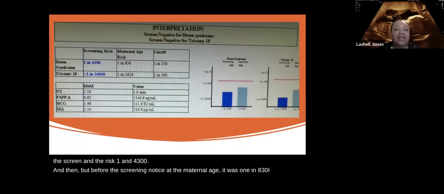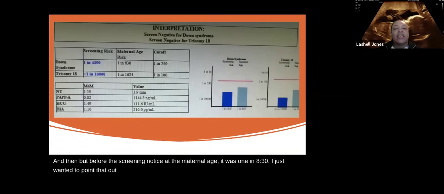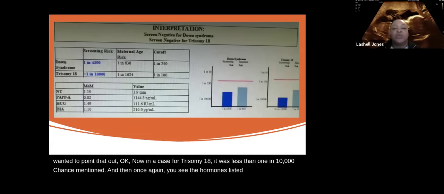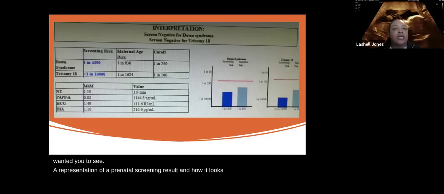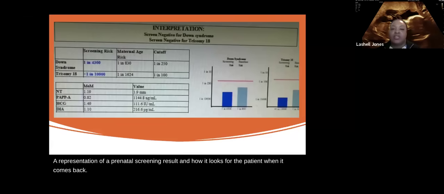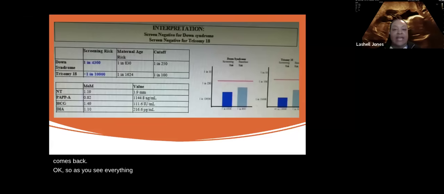I just wanted to point that out. Now, in the case of trisomy 18, it was a less than 1 in 10,000 chance. And once again, you see the hormones listed below. So I just wanted you to see a representation of a prenatal screening result and how it looks for the patient when it comes back. As you see, everything was negative.